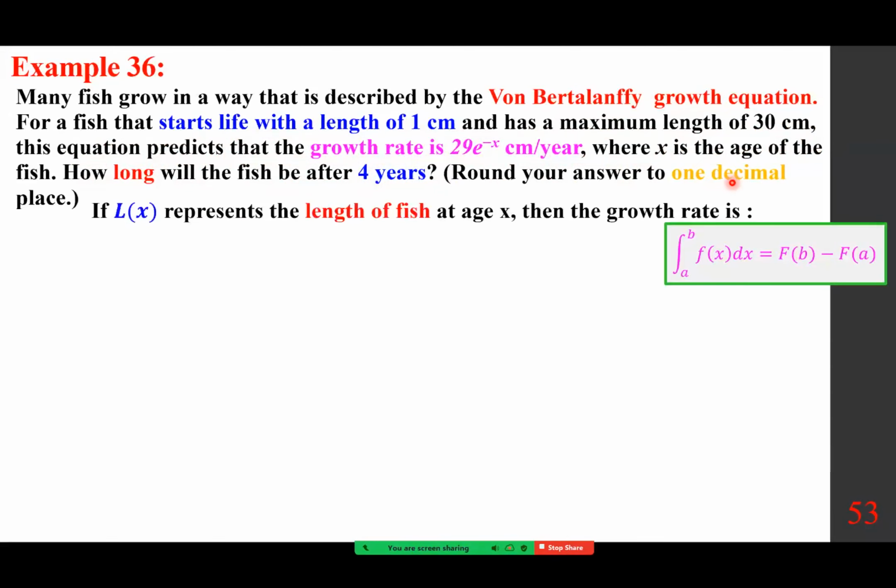We let capital L of x represent the length of the fish at any age x. Then the growth rate, that means L prime of x or dL/dx, is this function, 29 e to the power minus x centimeters per year, with the initial value being 1.